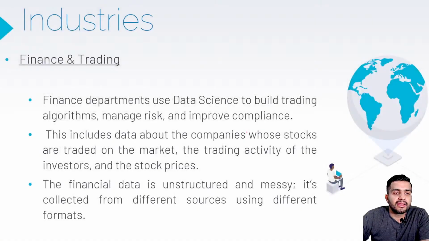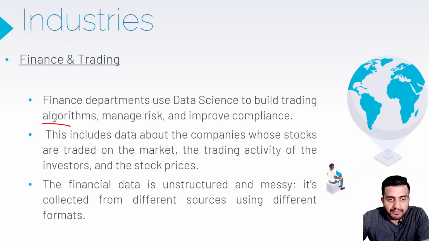Post marketing, now we're going to talk about finance and trading. Finance departments use data science to build trading algorithms, manage risk and improve compliance. This includes data about the companies whose stocks are traded on the market, the trading activity of the investors and the stock prices.